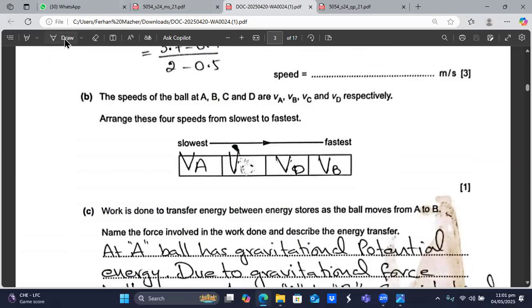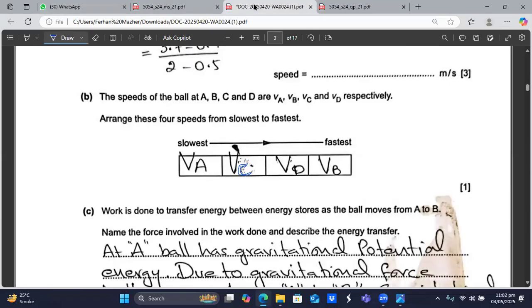The slowest speed will be at A, and then the next slowest speed will be at the point C, but the speed at the C will be more than the speed of A. And more than the speed of C, we will have the speed at D, and the fastest speed will be at the B. It's a little bit confusing, but I hope you understand.